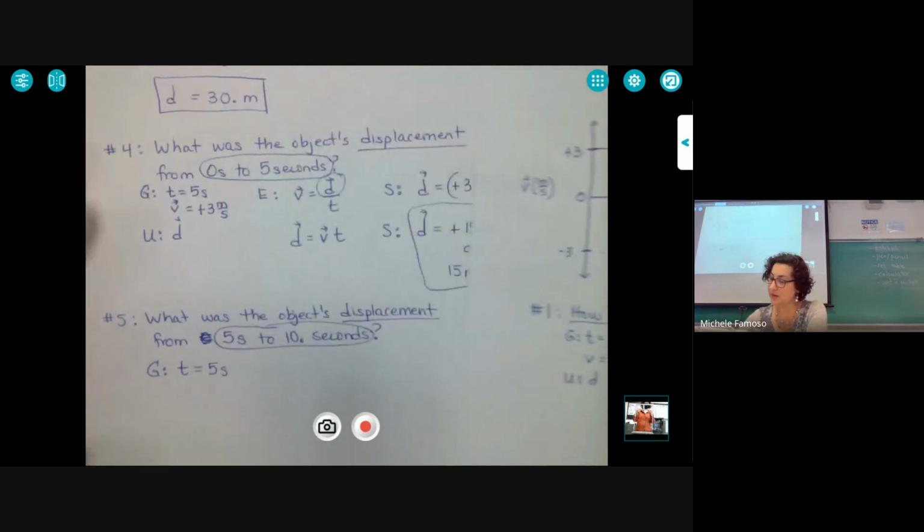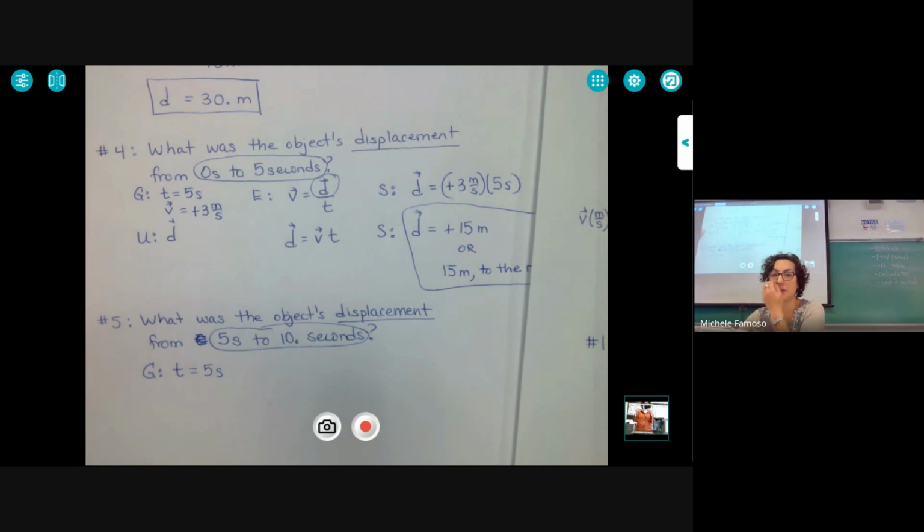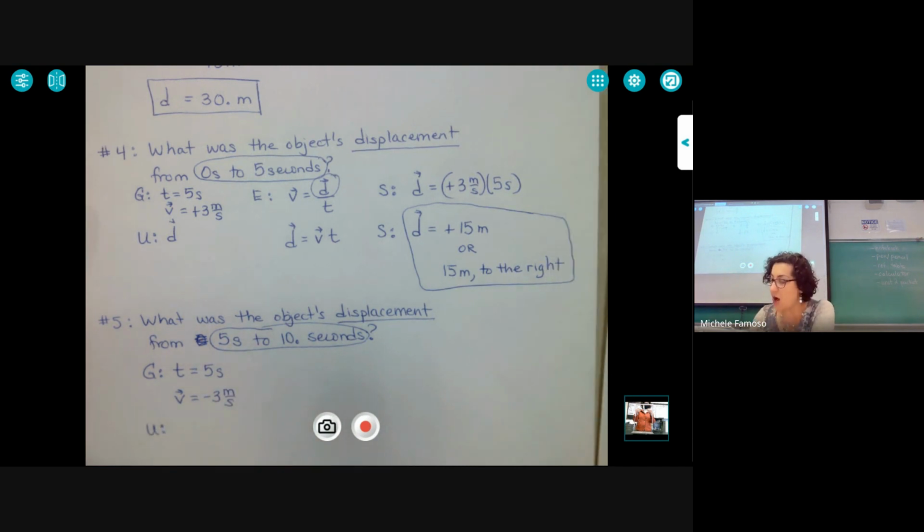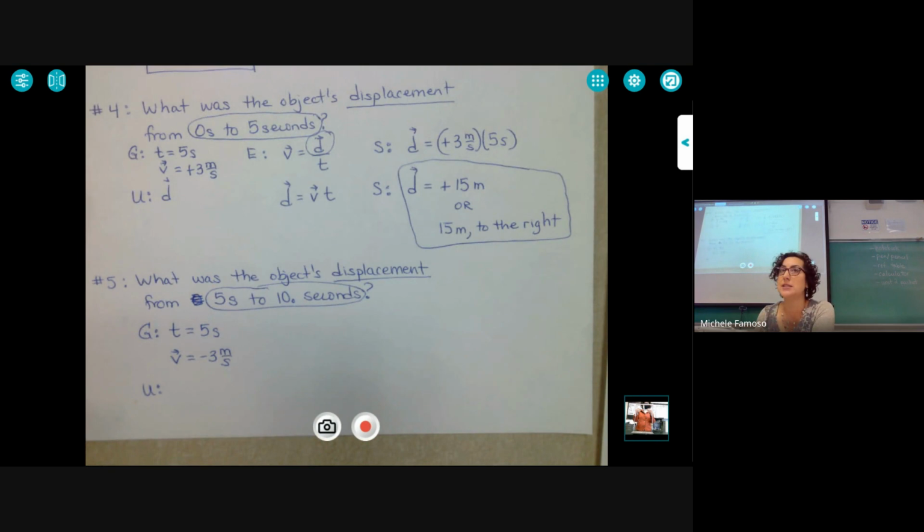Think back to the last question. What did I get besides the time? Yes, what is the velocity? Negative 3 meters per second. All right. And what is our unknown? What are we going to write as the unknown here? The displacement, or D with the arrow.